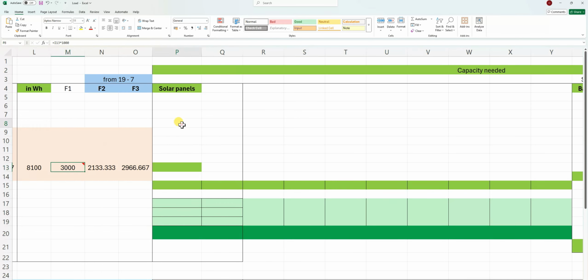So, taking this value, this is my maximum load. So, 3000, that is in watt total. But keep in mind that this 3000 value is the exact value after all losses that I am needing. So considering 40% of losses, as you know, there is no solar panel that is 100% efficient.